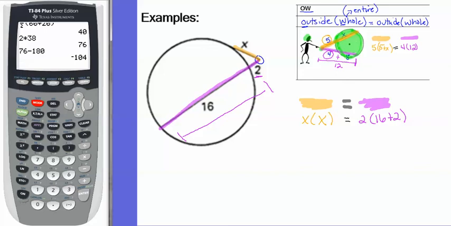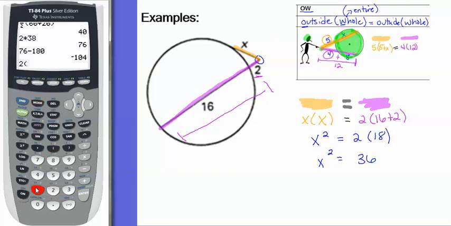So let's go ahead and do some math. And I know when I multiply an X times an X, I get X squared. Now, this is going to be 2 times 18, which happens to be 36. Now, if I didn't know any of that, I could easily go over to my calculator and type in 2 times 16 plus 2 and get 36.